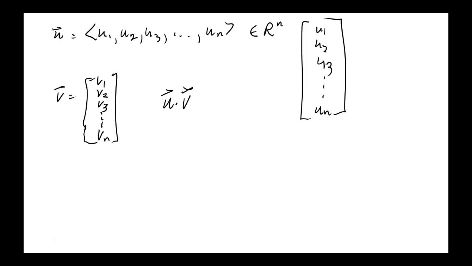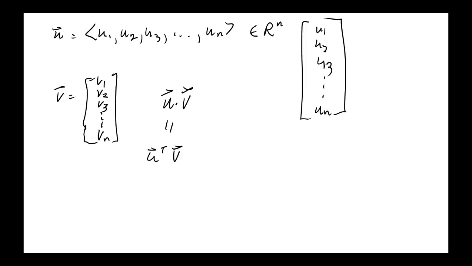So what we do, and this is what they're suggesting here, is write that as u transpose v. You turn this one horizontal, and the reason you do that, if you turned the second horizontal, you would get an n by n matrix. And you don't want that as a dot product, you want a single number. So if you do a 1 by n times an n by 1, you get a 1 by 1, which is a number. You get a scalar.